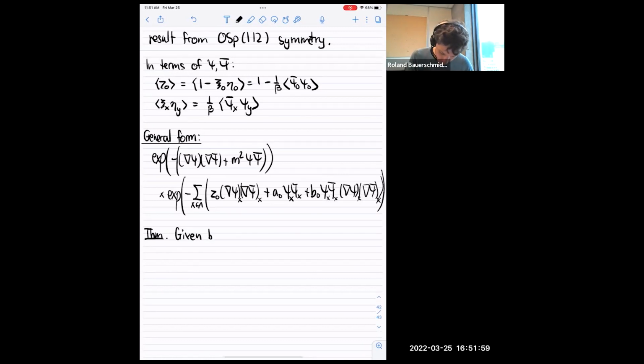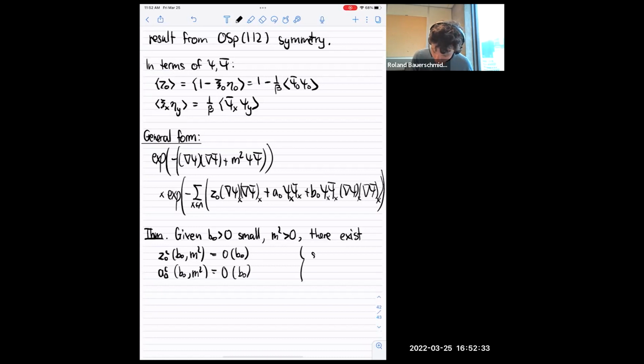Given B naught bigger than 0 small, M positive, there exist various parameters. One of them I call Z naught C. It depends on B naught and M squared. It's of order B naught. There is another one, A naught C, of B naught and M squared. So these are coming out of a stable manifold condition.